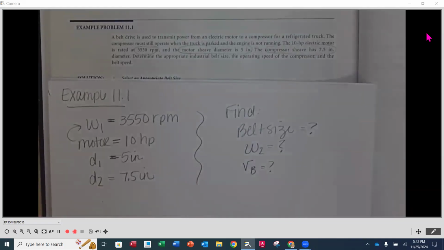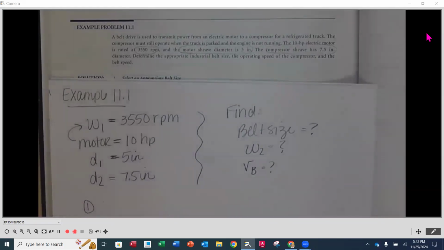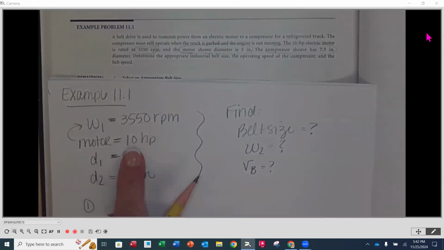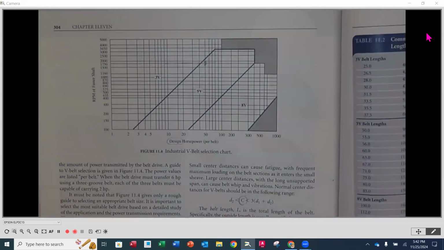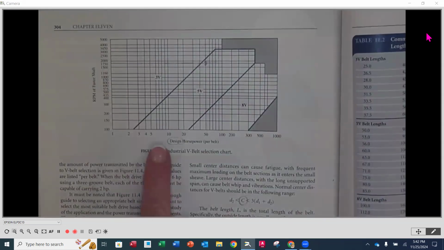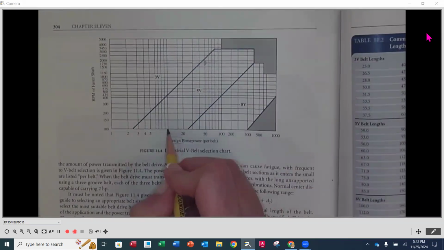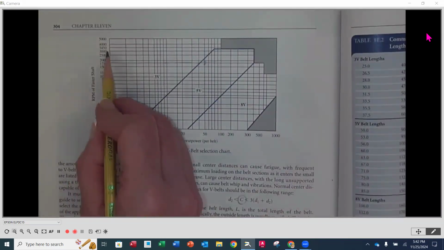Now, the first thing we're going to look at is what is the belt size? The belt size is going to be based on the horsepower and the speed of that motor. And we are going to use these two values on figure 11.4. This is where it tells us what size would be appropriate for this application. So we have a 10 horsepower motor, and it is running at 3550 RPM. So it's way up here.